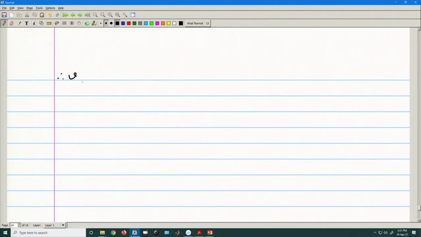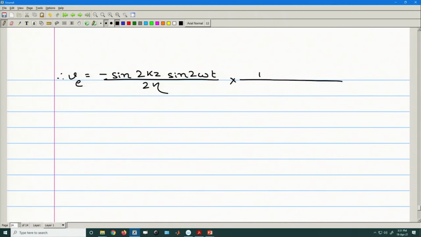Substituting this value in VE, we get minus of sin 2 kz sin 2 omega t by 2 eta multiplied by 1 by epsilon, and this we simplified as 1 minus cos of 2 kz cos of 2 omega t by 2.